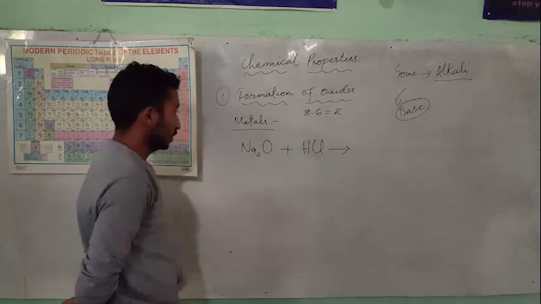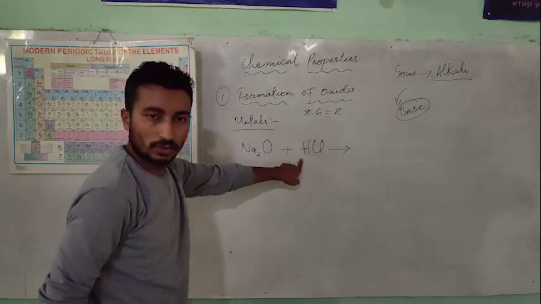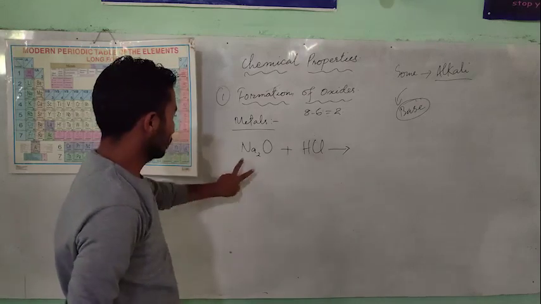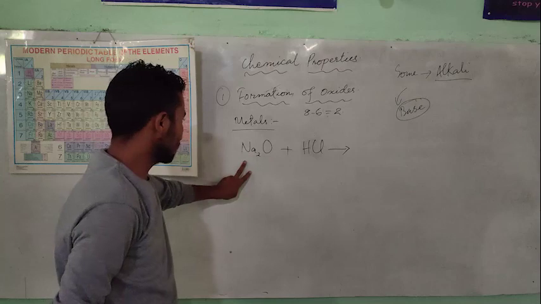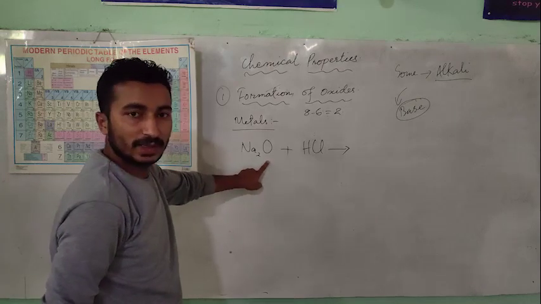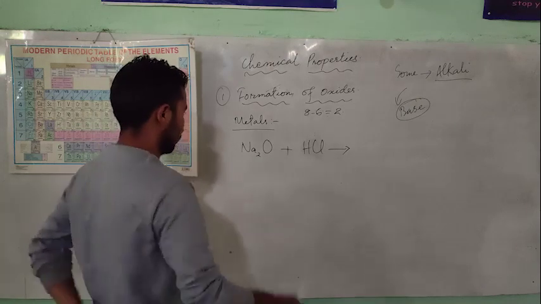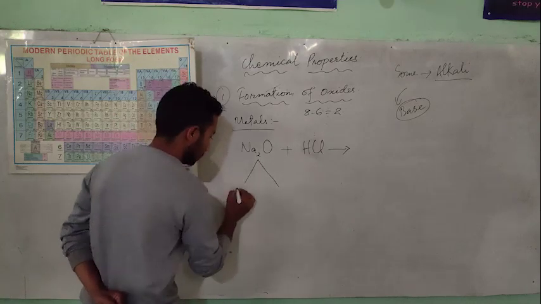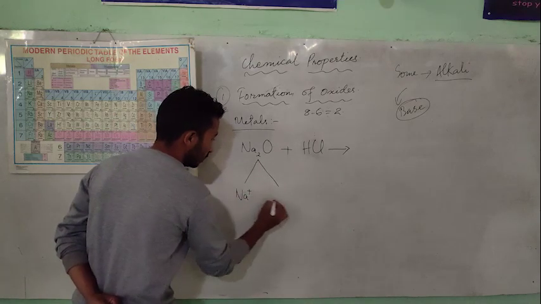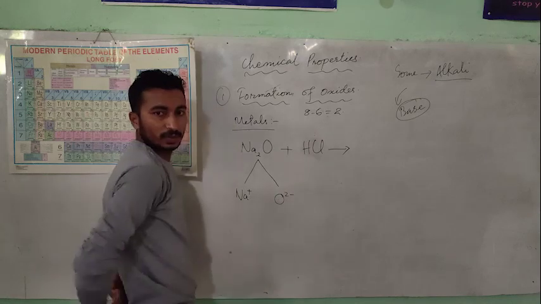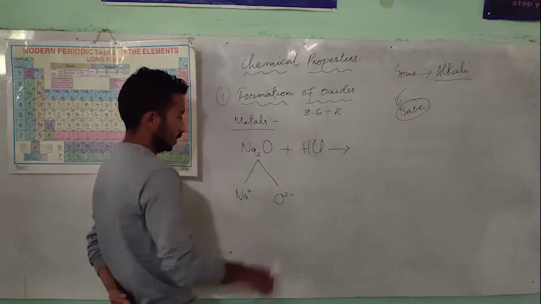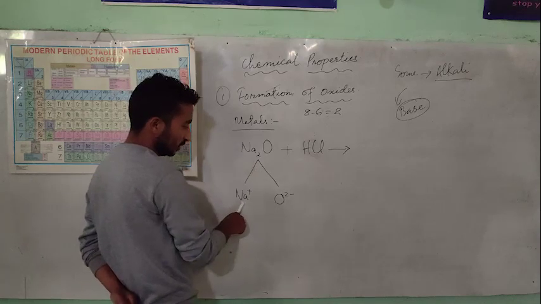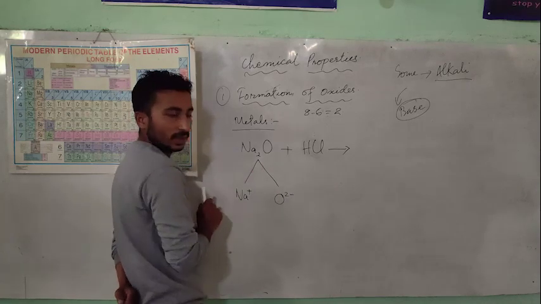As we have done in our previous classes, first of all, let's break it down into ions. We will divide sodium oxide into 2 parts, the sodium positive part and the oxygen negative part. I have already told you how to break down ions. Metal will become a positive ion, non-metal will become a negative ion.